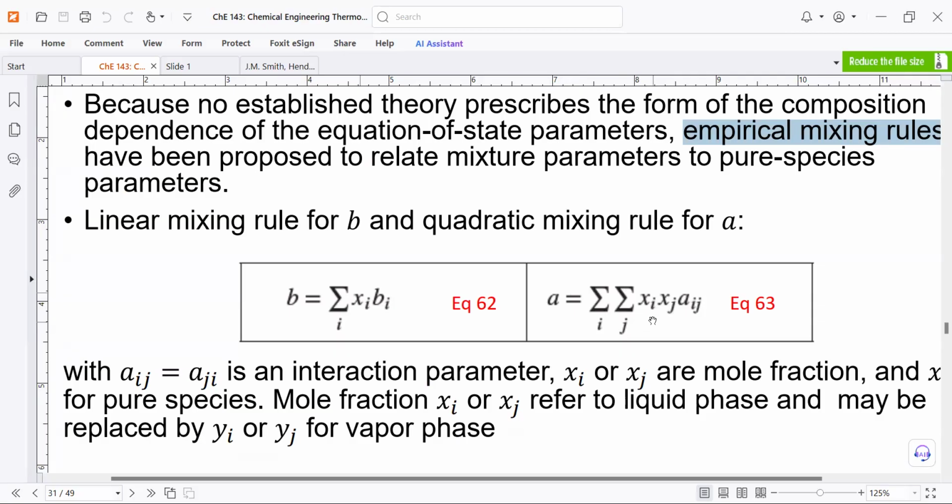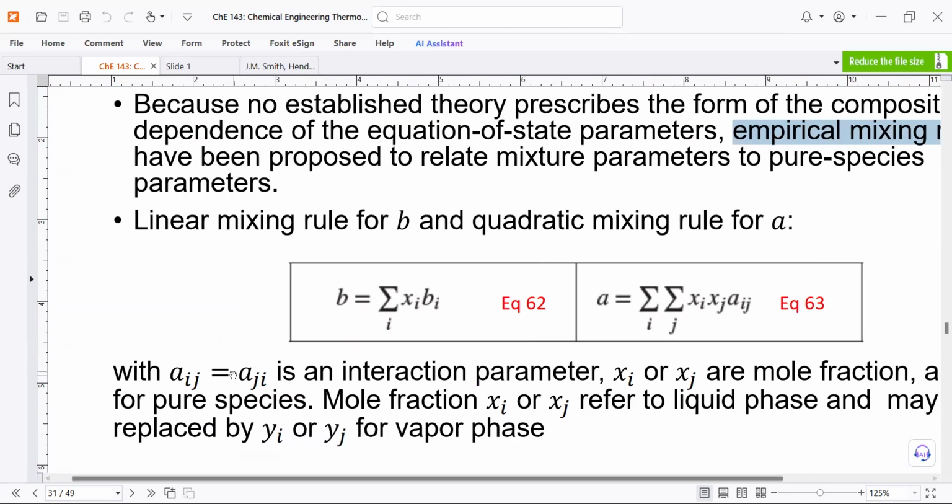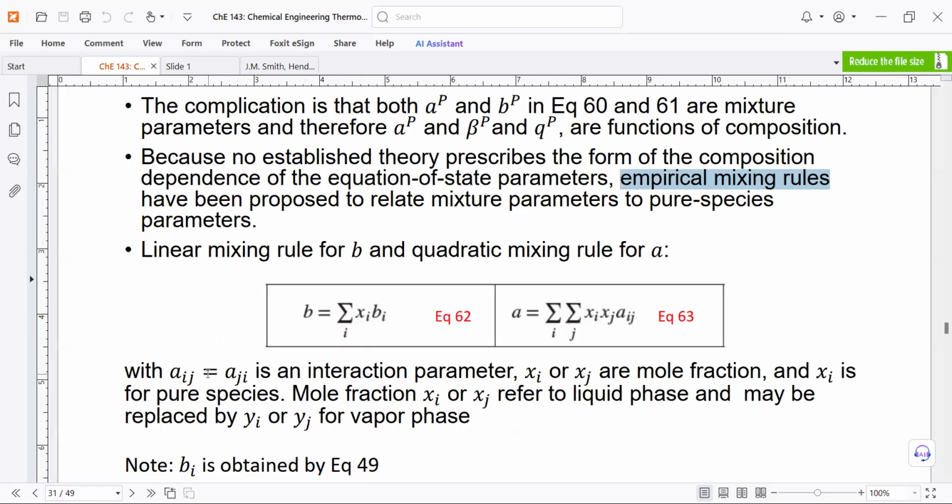If you have species I and J, you have to multiply the mole fractions with their pure species A, and you take the sum of that, it would give you the mixture parameter A. So there's a note here that Aij is equal to Aji, since it's a two-way interaction.